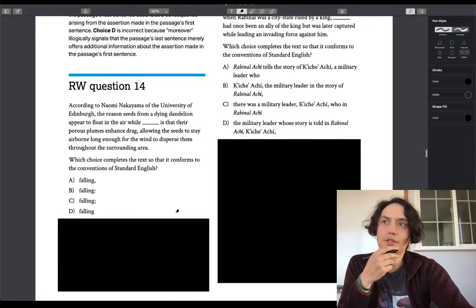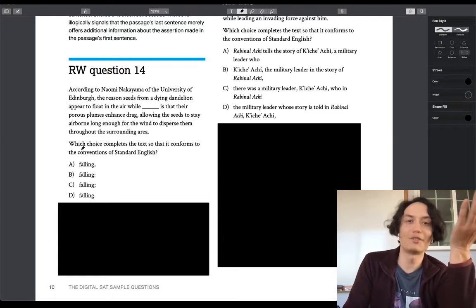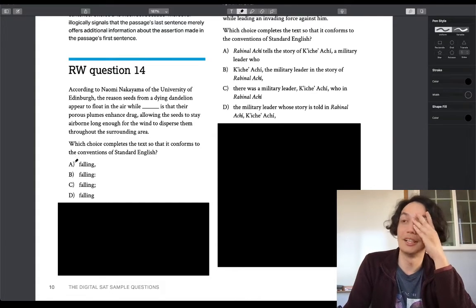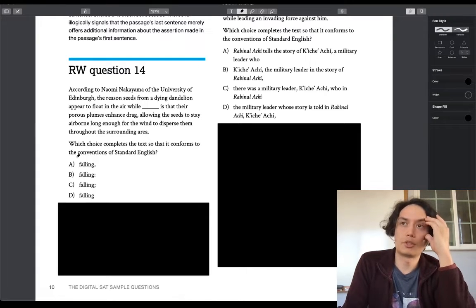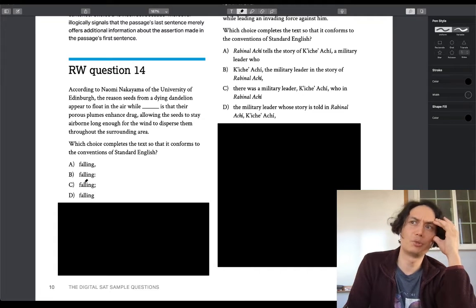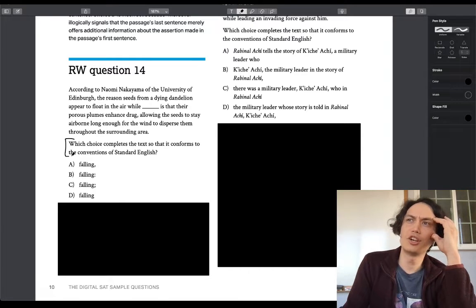Which choice completes the text so that it conforms to the conventions of standard English? Yeah, so this is a grammar question. We've left the logical reasoning section, good. It looks like this is going to be a within-sentence punctuation question. It's important that we're reading the prompt first.